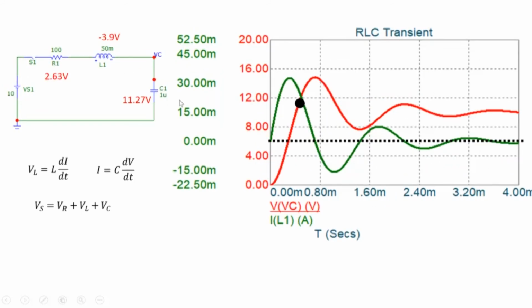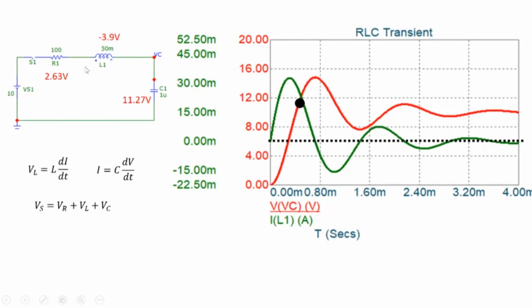So let's continue with that. We are here at this particular point. Inductor current is decreasing. Because of that, there is a negative voltage across the inductor here. The drop across the resistor is not that large because of the small value of the resistor. And then the capacitor has gone beyond the value of 10 volts here.